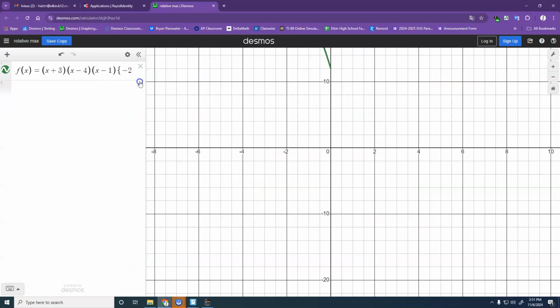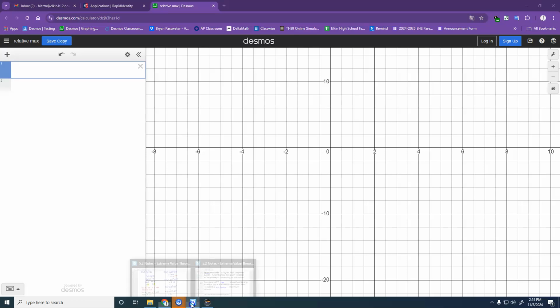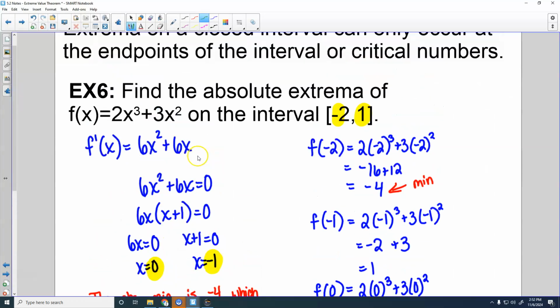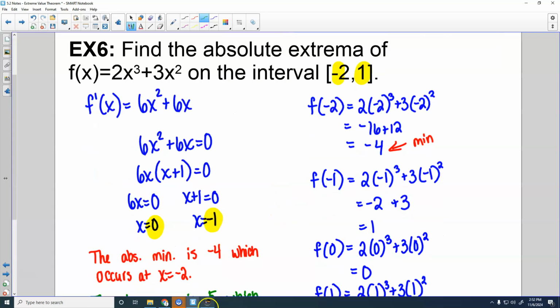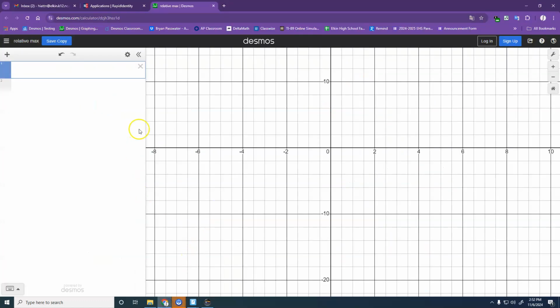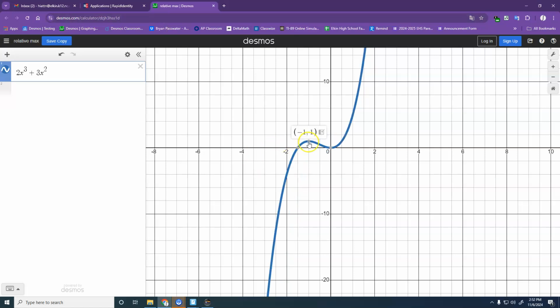If you look at this one right here, 2x to the third plus 3x squared, at -1 and at 0 you have relative maximums and minimums, but they don't end up being absolute for this one. And we'll learn more throughout the week on how to find relative maximums and minimums. Today we're really just focusing on the absolute ones.